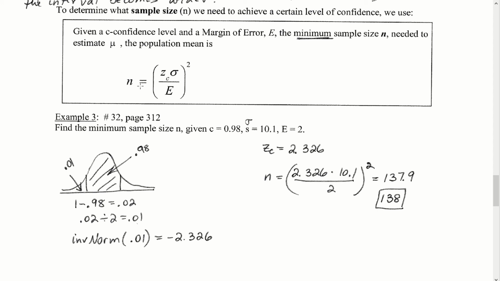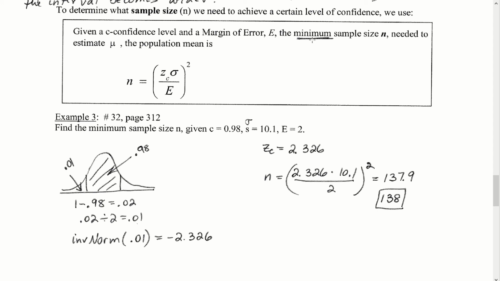And what we would find is that n would be equal to the quantity z critical times sigma divided by E, whole thing squared. So if you know the level of confidence that you're looking for, and you know what your margin of error is, you can actually compute the minimal sample size n needed to obtain that level of confidence in a confidence interval.